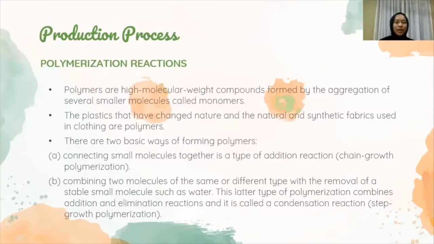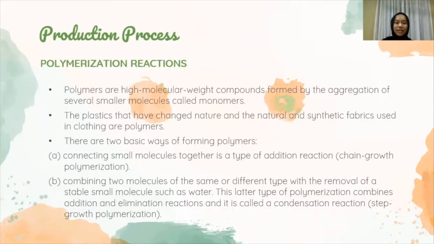Moving on to the production process. Polymerization reactions. Polymers are high molecular weight compounds formed by the aggregation of several smaller molecules called monomers. The plastics that have changed nature and the natural and synthetic fabrics used in clothing are polymers. There are two basic ways of forming polymers. The first one is connecting small molecules together in a type of addition reaction, also known as chain growth polymerization.